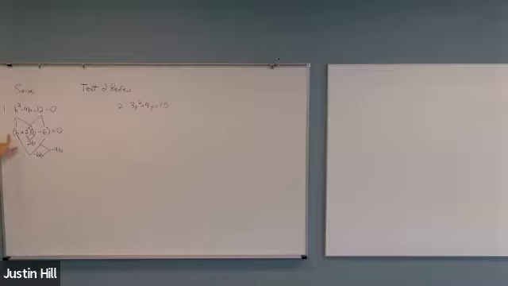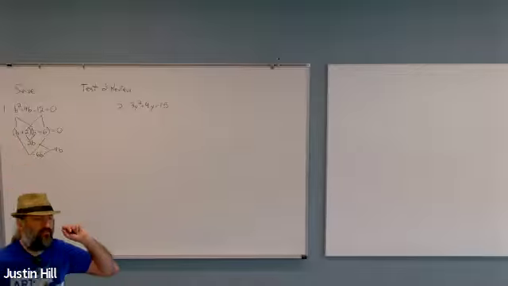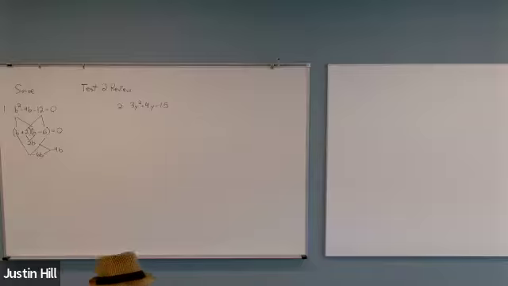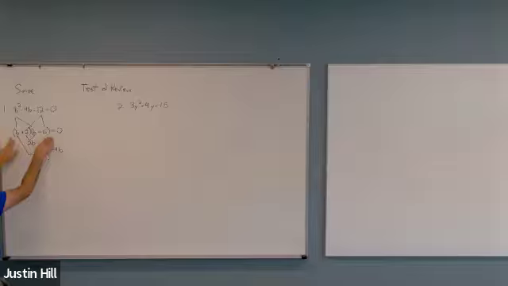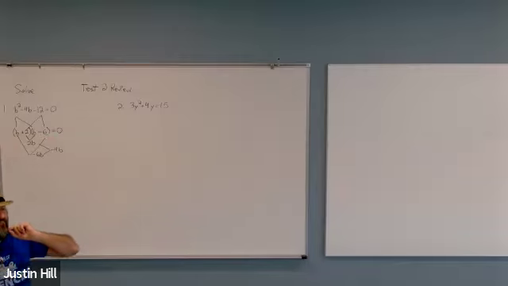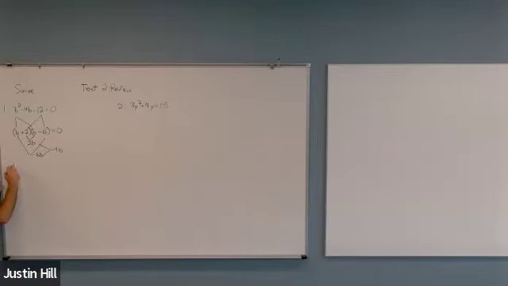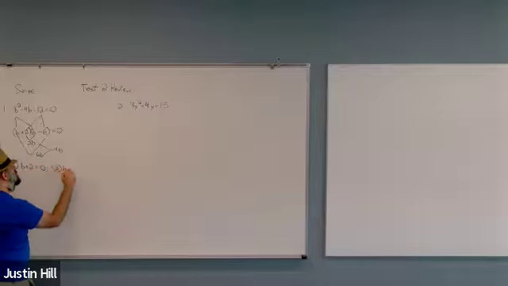Good, and then once you have that, that's to solve. Well, once you have this, how did you solve for b? Yeah, perfect. So b plus 2 equals 0, b minus 6 equals 0.